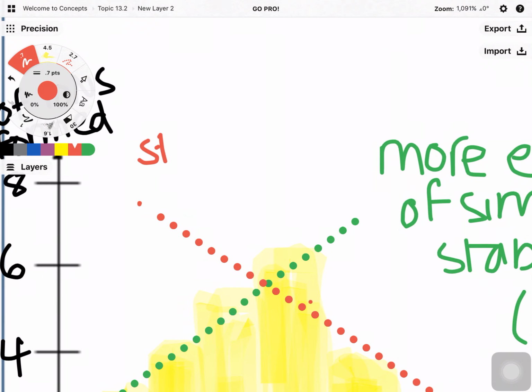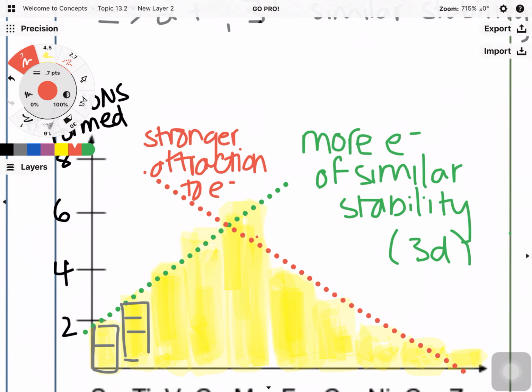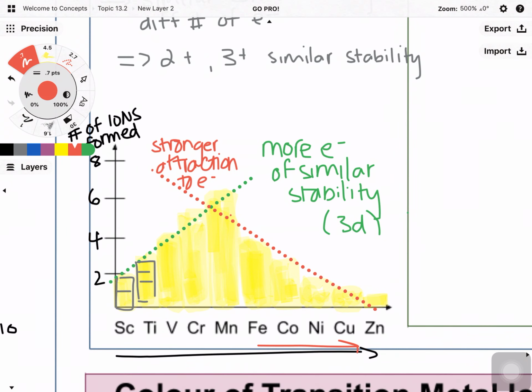There's a stronger attraction because we have more protons as we step over to the right, and because of those more protons with the same number of shielding electrons, it becomes harder and harder to remove those electrons to create multiple different ions.